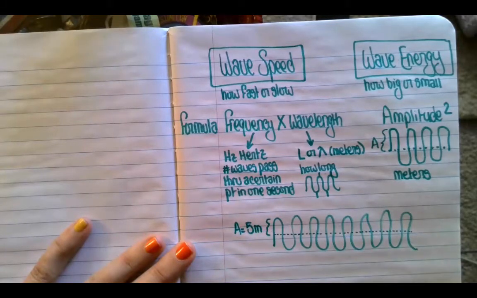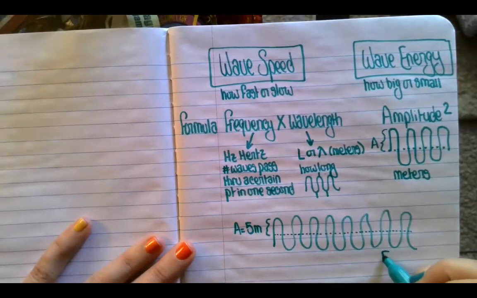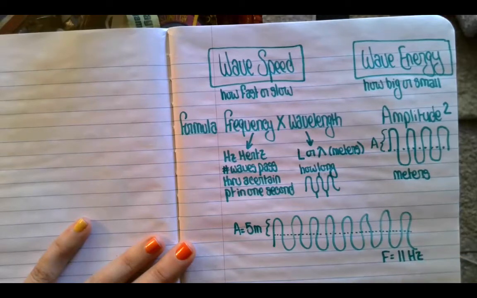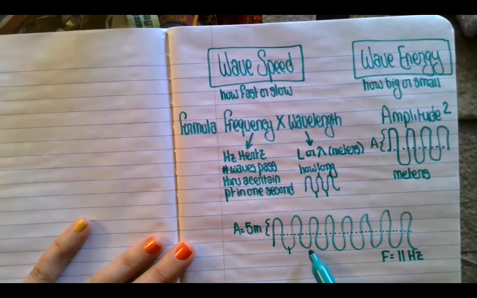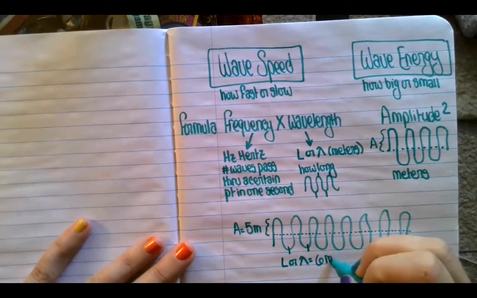Amplitude equals 5 meters. You never have to calculate the frequency, you're given that. Frequency equals, let's say 11 hertz. And wavelength, so L or lambda, let's say is 6 meters.